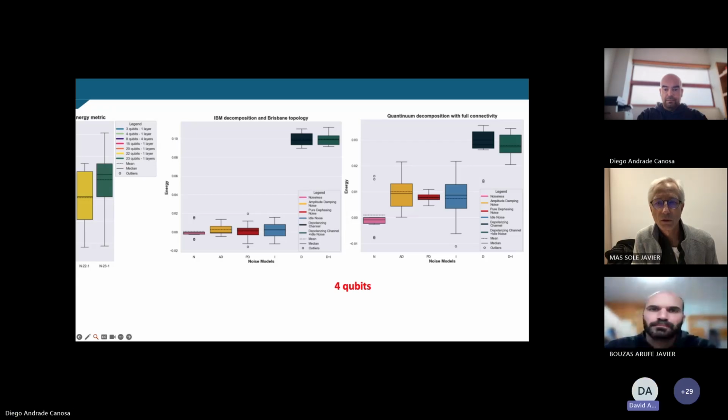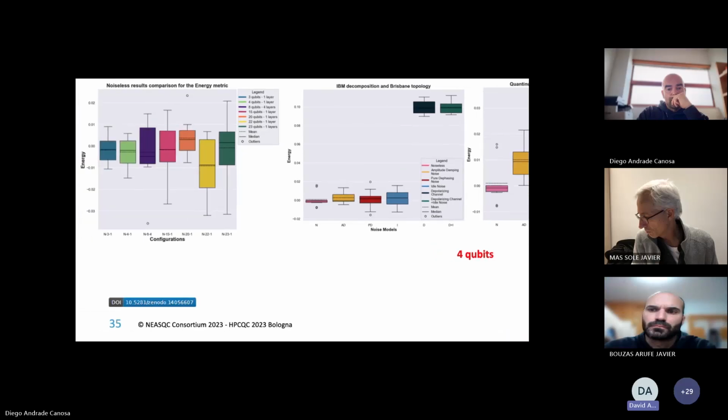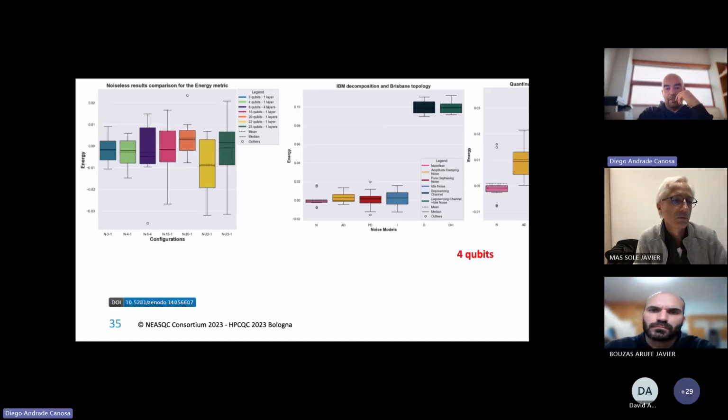I would like to ask which of these benchmarks scale polynomially with the number of qubits, because most of them need some classical part, and this classical part maybe is not enough if the number of qubits does not scale correctly. Yes, this is an open discussion among the people that we are doing the benchmark.